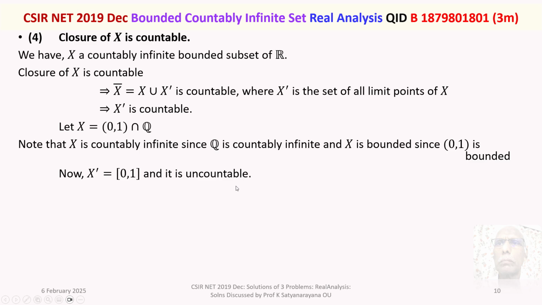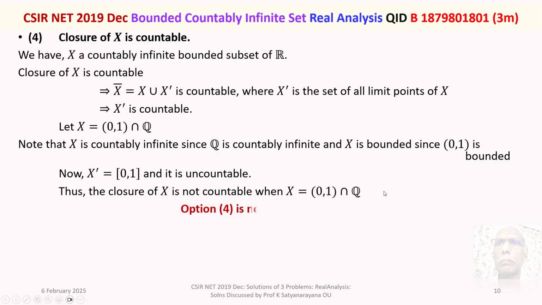So therefore, the closure of X is not countable when X is the open interval 0 to 1 intersection Q. So option 4 is not true. Summarizing all the options, the answer to this question is option 3. That is the detailed discussion of the solution of this problem. Move to the next question.